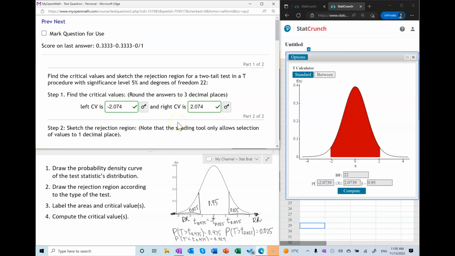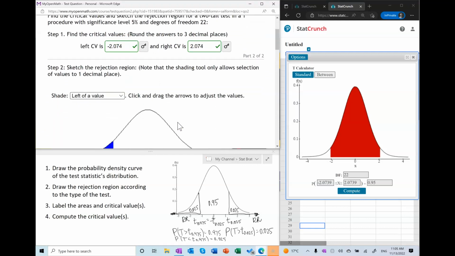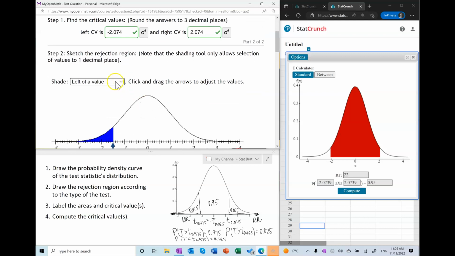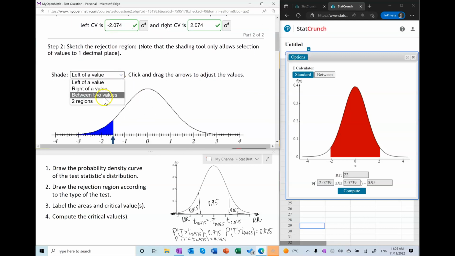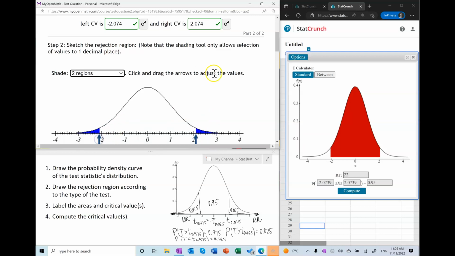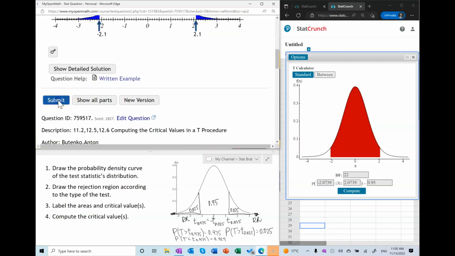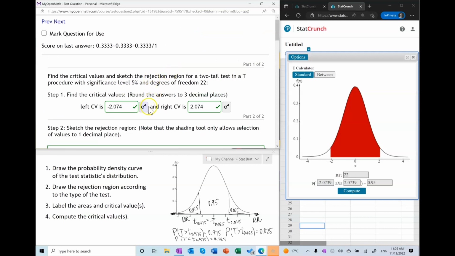Make sure whichever way you like, it's the right one and it's working out for you well. So we draw the rejection regions as two regions, to the right of 2.1 and to the left of negative 2.1. And we've done 2 of each type of the test. So if you have any questions, please let me know.